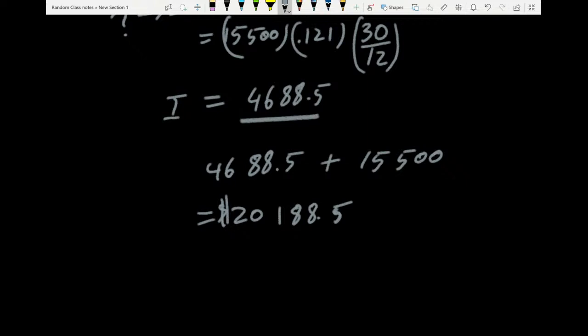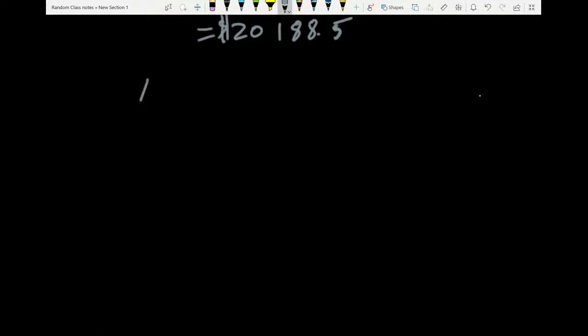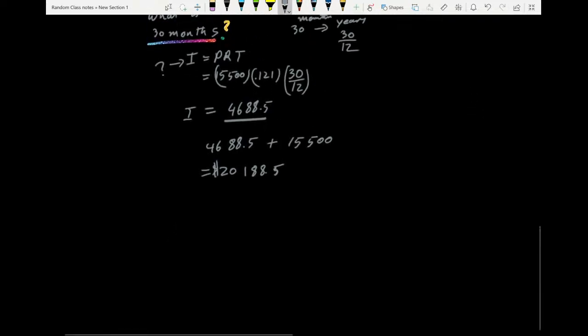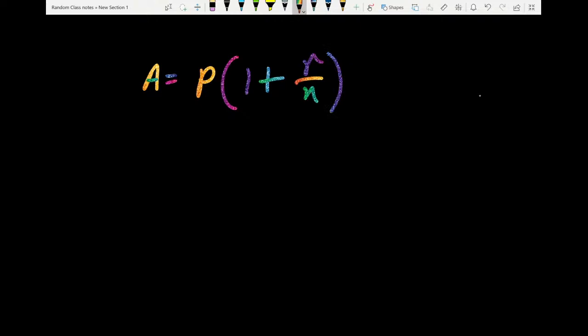Now we're going to do a harder problem, the compound interest formula. A equals P times (1 plus R over N) to the power NT.